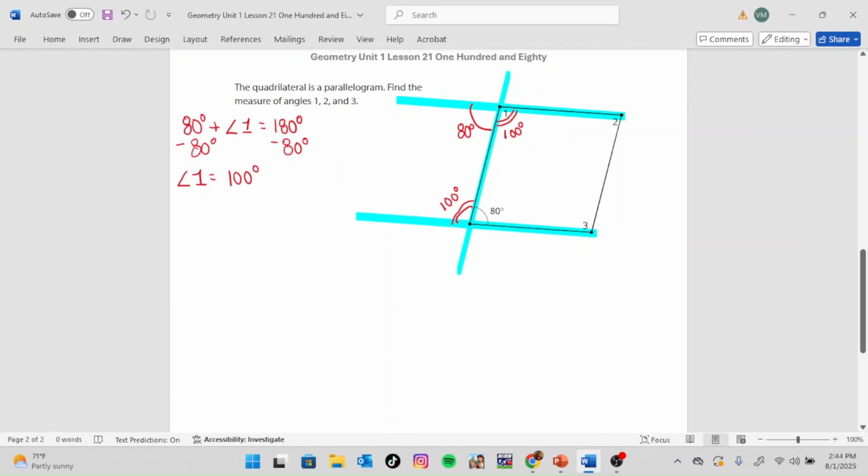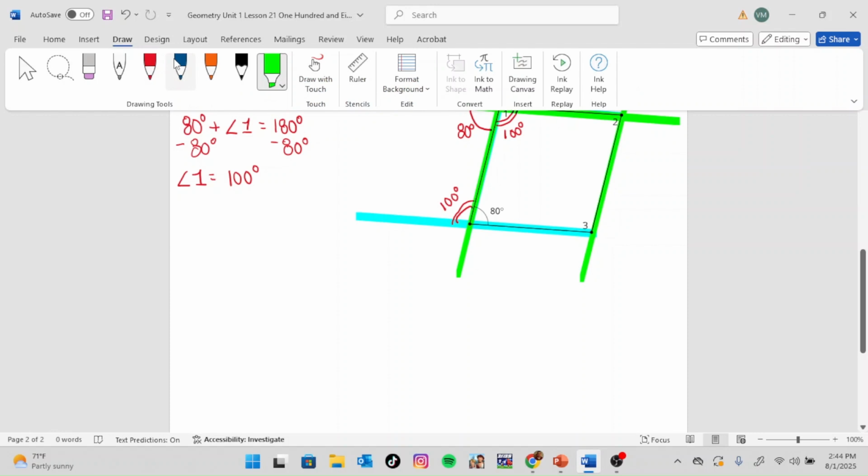If I say that this line on the right and this line on the left are parallel, because that's what they told us, it's a parallelogram, and I use this line across the top as my transversal, then again I know that my opposite interior angles are going to be the same.